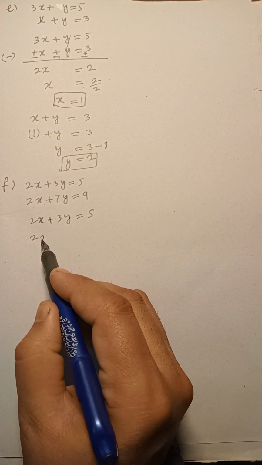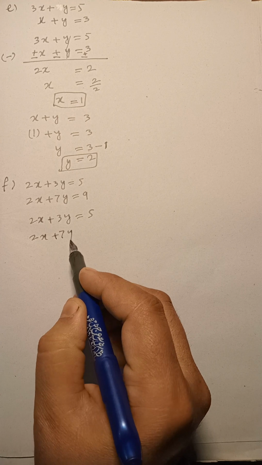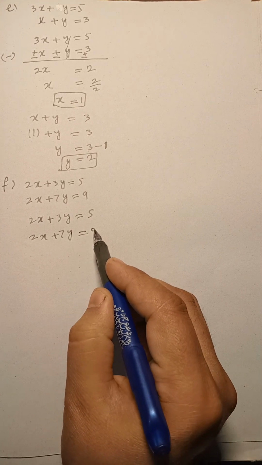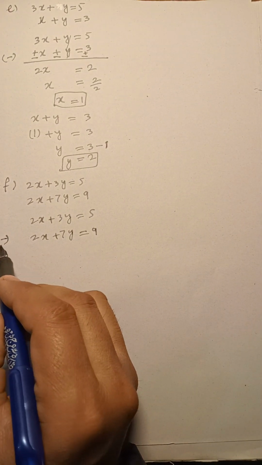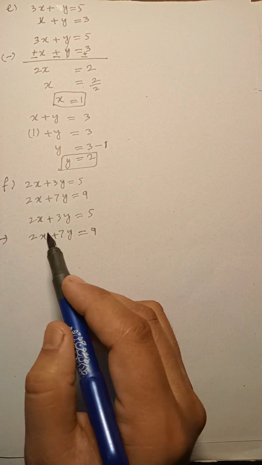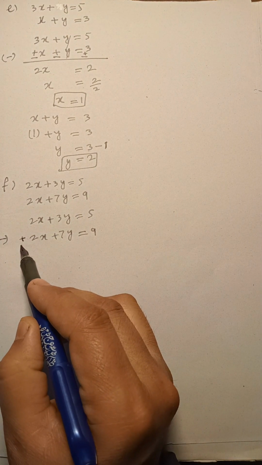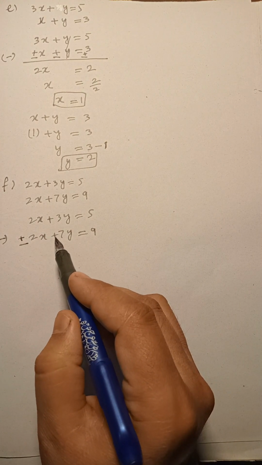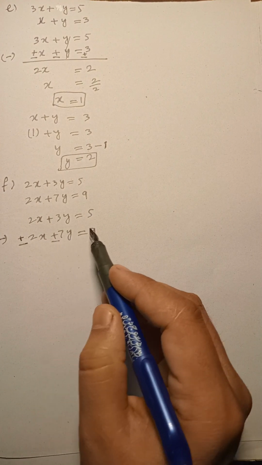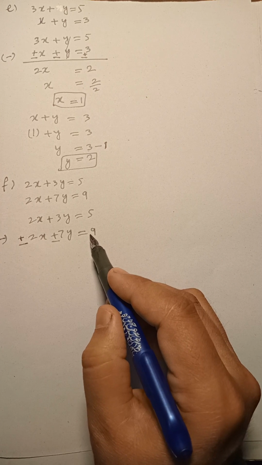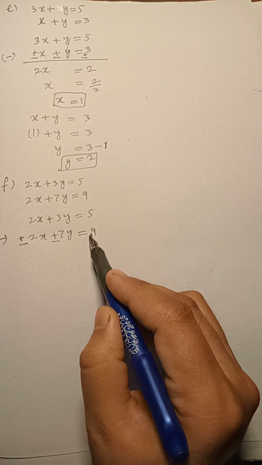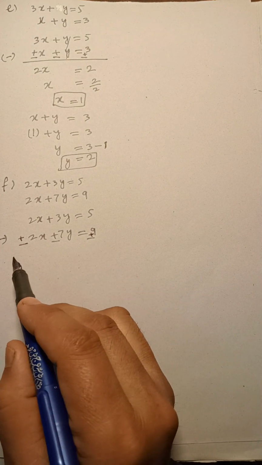After writing again, you will change the sign, and for changing the sign we need to subtract. So I am subtracting this and it already carries plus sign, I am changing it to the minus sign.